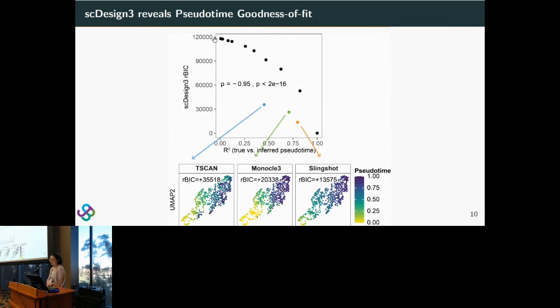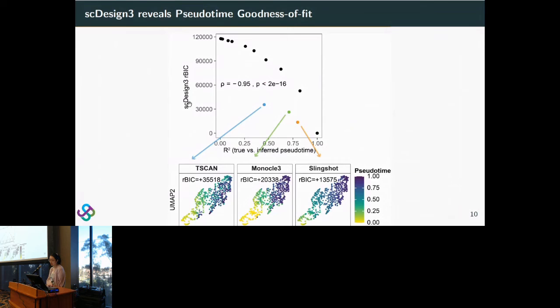And for the next 8 points, there are 20%, 30%, and up to 100% pseudotime being shuffled, which reflects that the quality becomes worse and worse. And we reveal these quality changes using the R-square between the true time, which we obtain from the simulated data set, and the inferred pseudotime, either from the pseudotime inference method or the manually shuffled pseudotime.